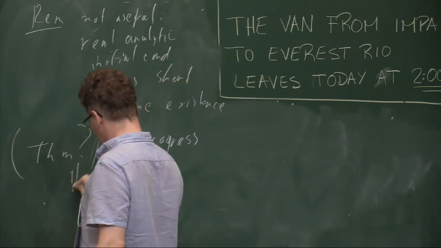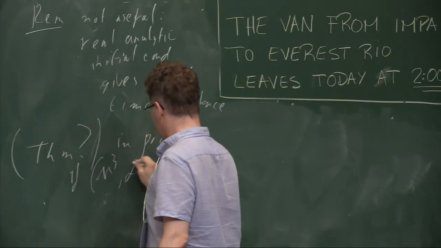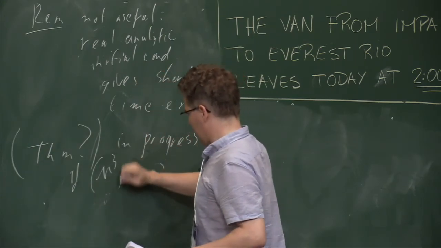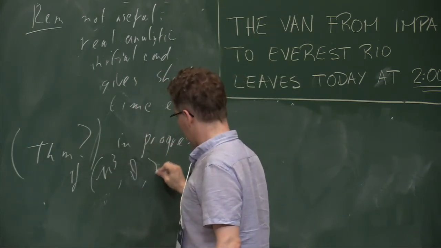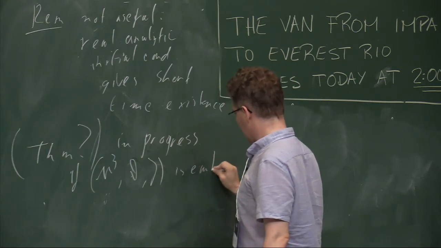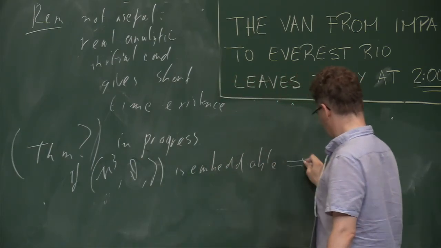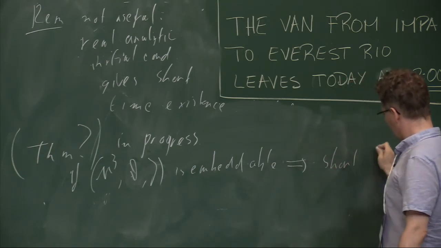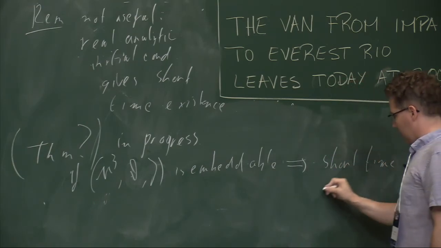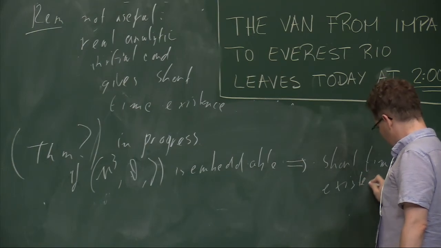So if M is a 3-manifold and (theta, J) is embeddable, then short time existence. Let me briefly say what the idea is.